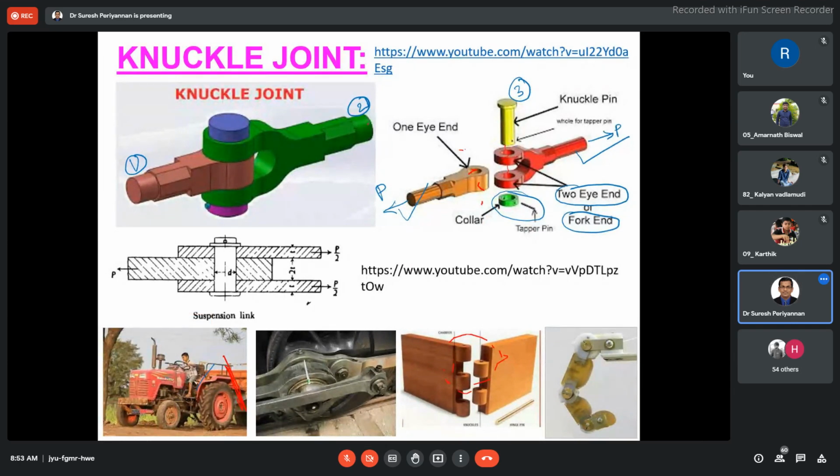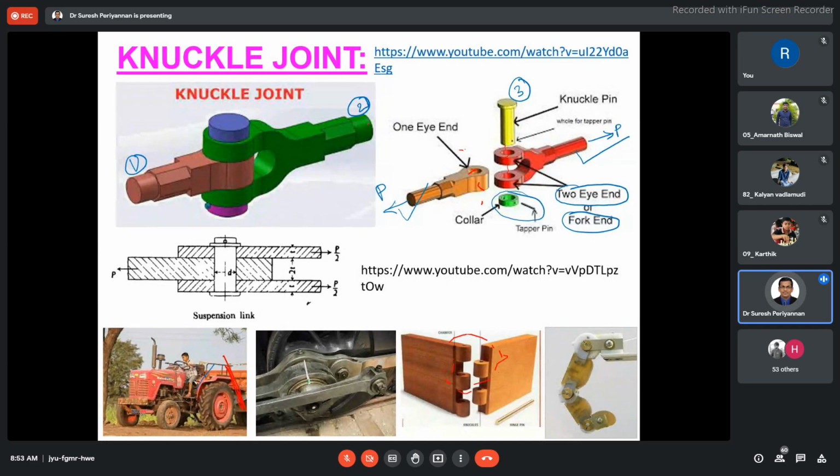Here the fork and eye end are connected with rods A and B. We will consider this later, when we discuss the failure of the component. The failure study helps us design the dimensions of the knuckle joint.